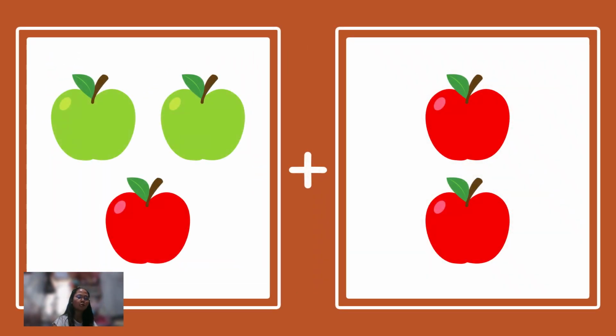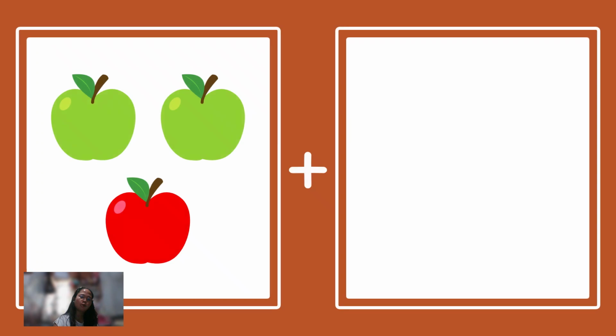Very good. Next, 3 plus 2. You put that one together, the answer is 5. Very good. Another example, how about this one? 3 apples plus 0.